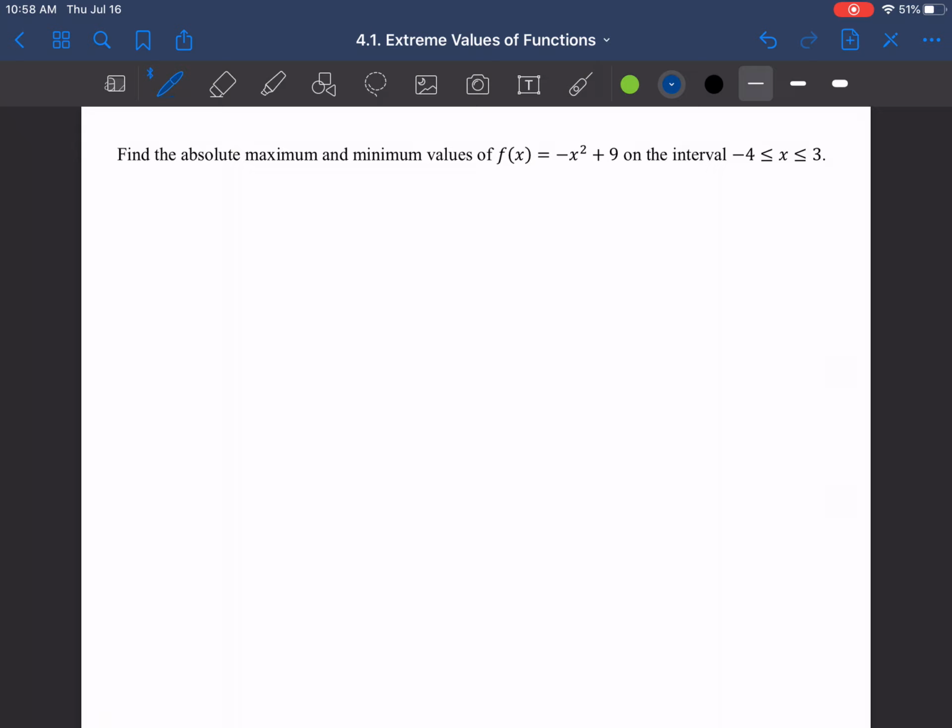You can try this one, but the one I'll do for you in the notes, I'm going to change to f of x equals -x squared plus 3x plus 9. I think that might let you see some stuff a little better. So this is the one I'm going to do in the notes, but you can try the -x squared plus 9 one without the 3x in there if you want. That's what you'll see. After that are some other ones.